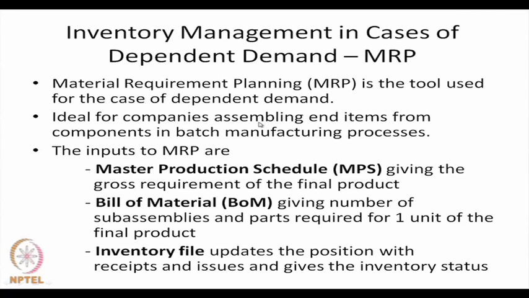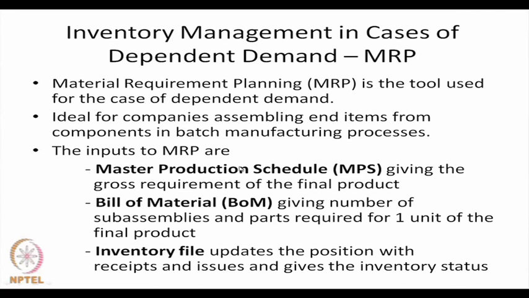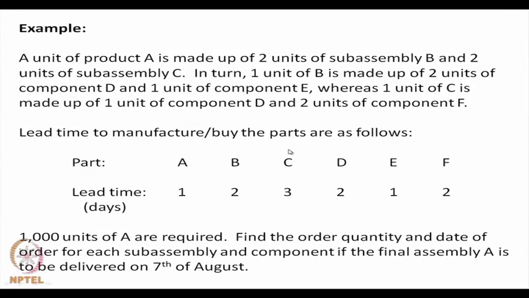That means if you have to assemble certain units, and the number of assemblies to be produced is known, then the number of components is automatically known. So, one has to have three things: master production schedule, bill of material, and inventory file. We give an example to illustrate what we are saying.